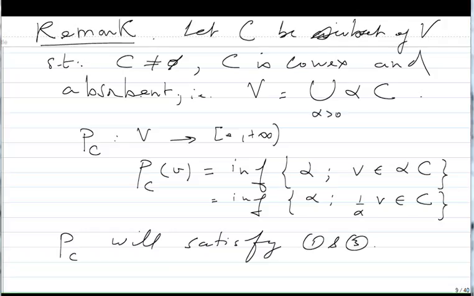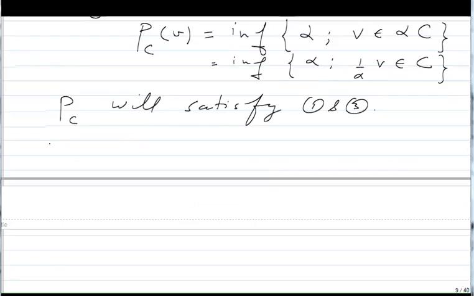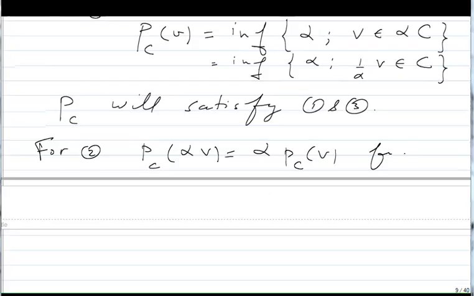The problem is with property 2 of the seminorm: we will have PC of alpha v equal alpha PC of v only for alpha positive.